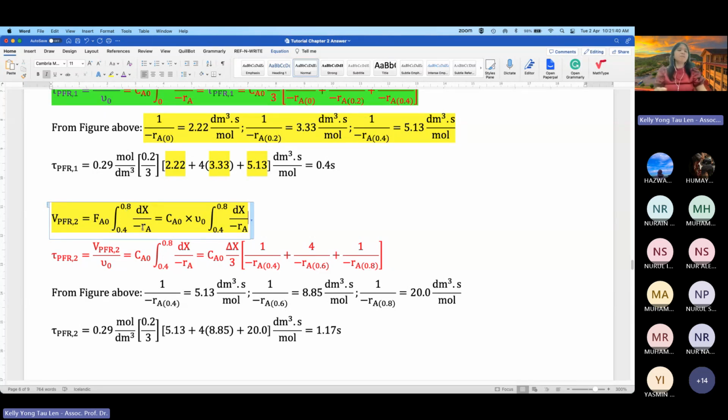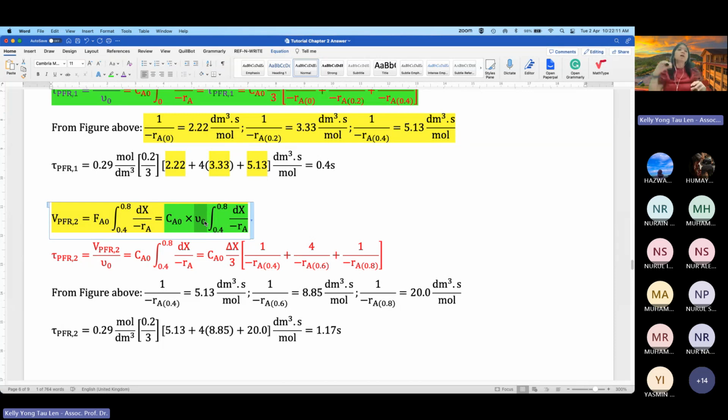Again, we do the same step. Instead of FA0, I change to CA0 multiplied by epsilon naught, because we know the correlation: FA0 equals CA0 times epsilon naught times the integral from 0.4 to 0.8 of dX per minus RA.